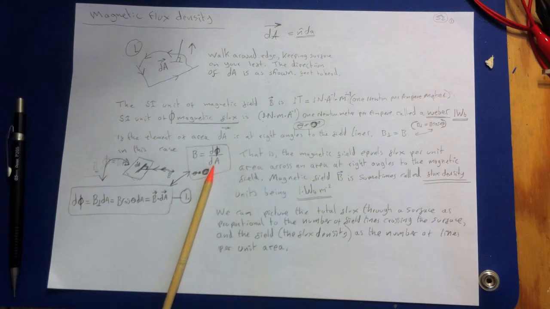That is, the magnetic field equals the flux across an area at right angles to the magnetic field. B is sometimes called flux density.